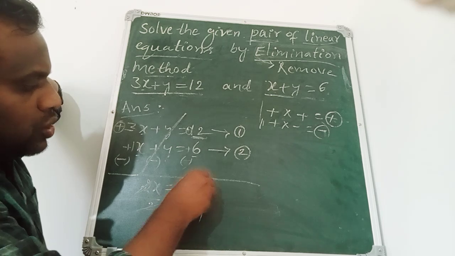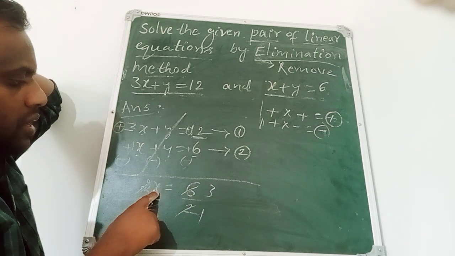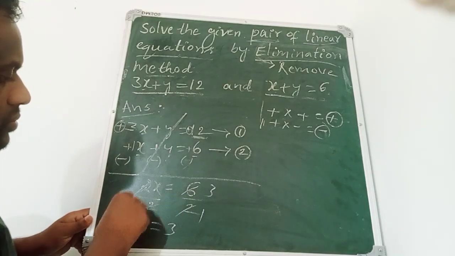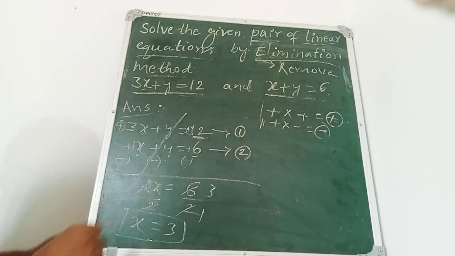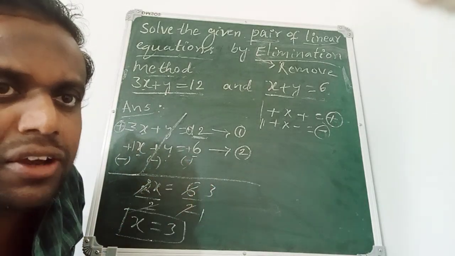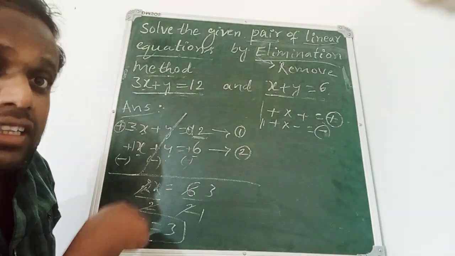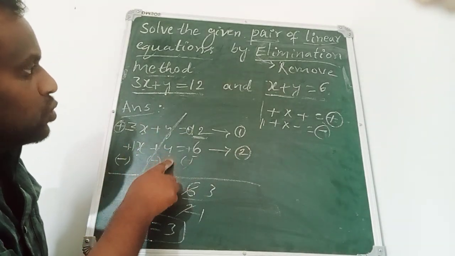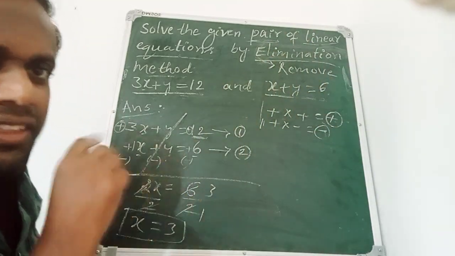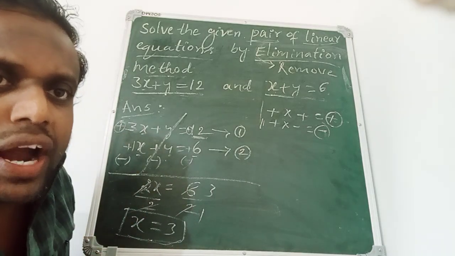So here 2 ones are 2, 3 twos are 6, so what we got? x is equal to 3. Okay, so we got the value of one variable x by eliminating, by removing the other variable y. So that's why this method is called the elimination method.